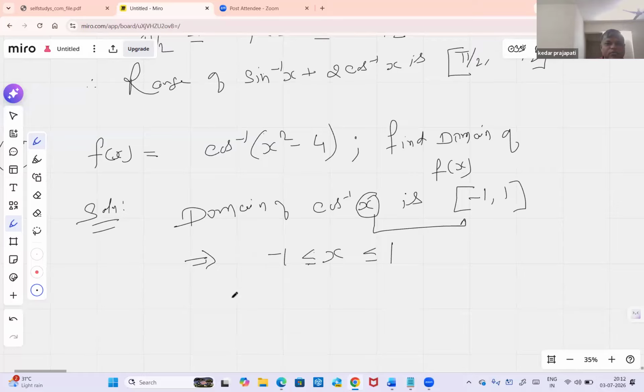Now what I have to do? I have to bring in this format, x square minus 4. You have to square it.